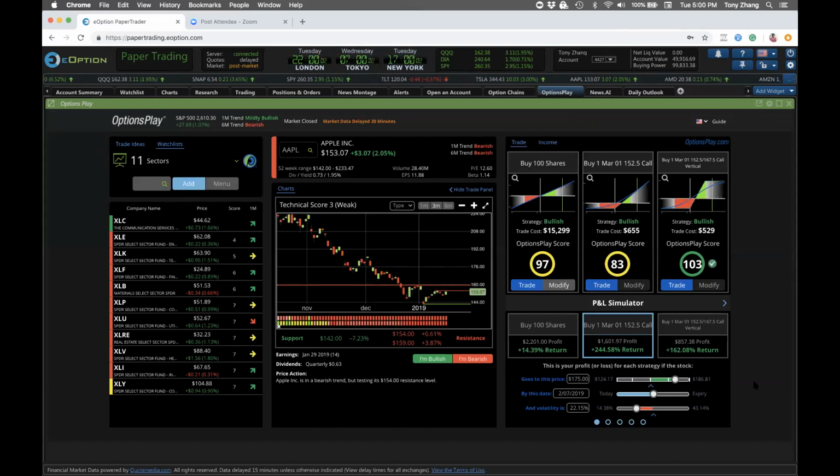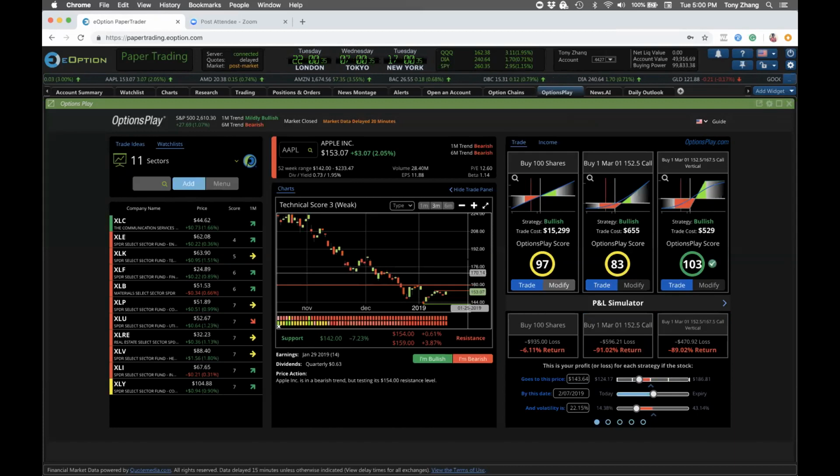If the stock moves back up to 175, a 244% return if the stock does move higher. 162 on the vertical, only a 14% gain on the stock. A 14% gain on the stock in 2 weeks is a pretty good result in my opinion, but as you can see, a call gives you a 244% return, and instead of putting up $15,000 to place that bet, you only have to put up $655, which is your absolute loss.